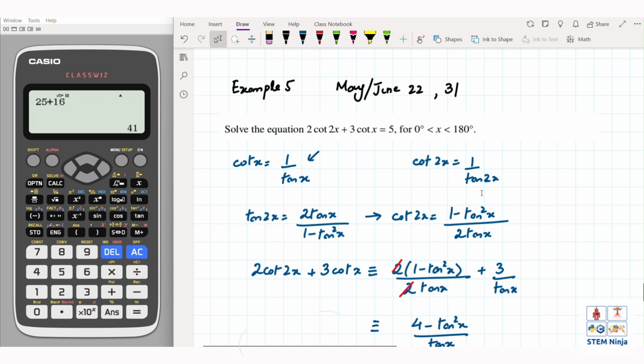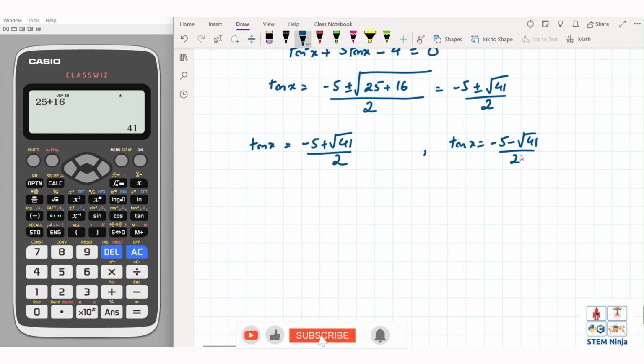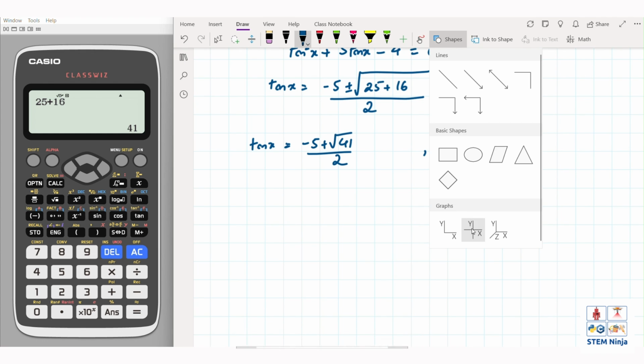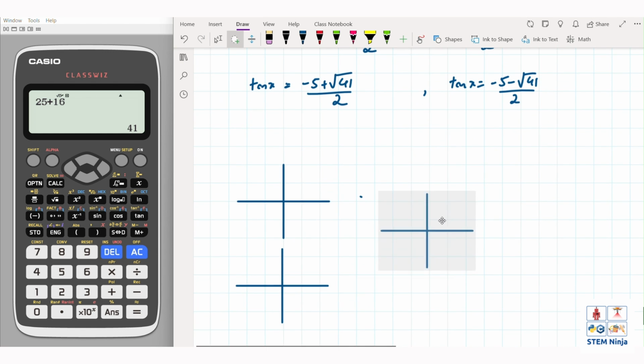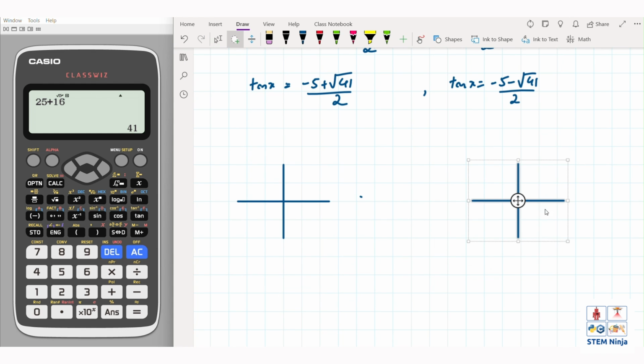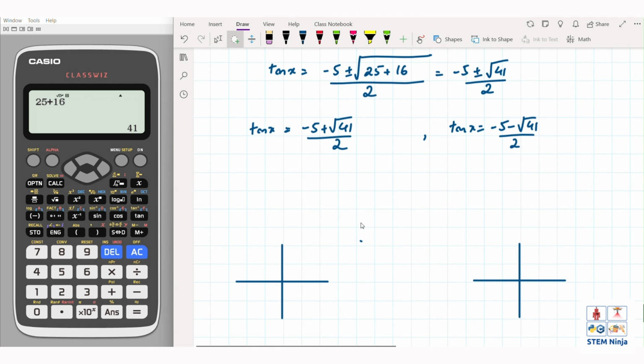Now, we are looking for 0 to 180 degrees. So we are looking for the angles in the first two quadrants. So let's copy this over here also. We'll just keep it down here so we can see the angles. Right.